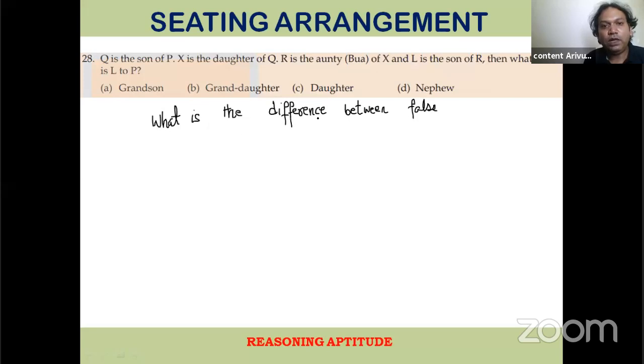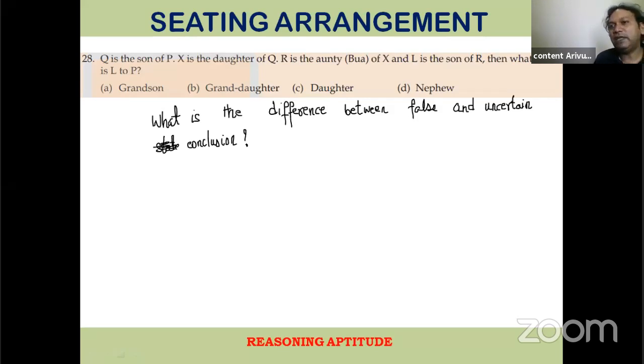What is the difference between false and uncertain conclusions? What is a false conclusion? What is an uncertain conclusion? I'll explain this with the help of an example.